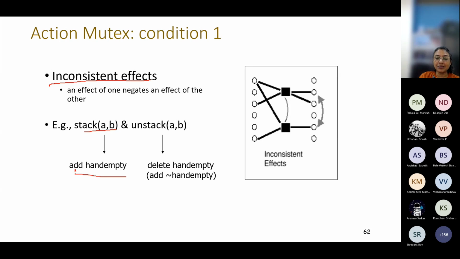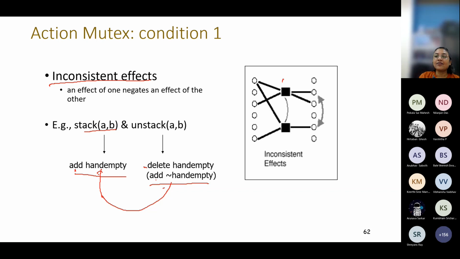Whereas unstack AB, remove A from top of B, hand empty is deleted. That is, not hand empty is added. So, hand empty and not hand empty are mutex because one is the negation of the other. And because of stack AB and unstack AB, the effect of one negates an effect of the other. So these two actions are mutex because their effects are inconsistent.